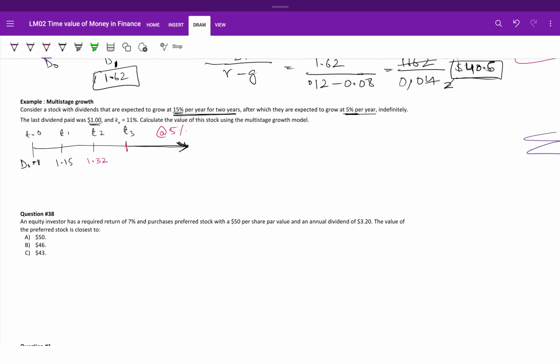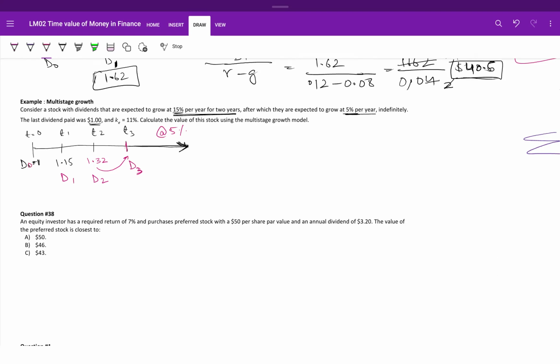From this point forward, for time three I'm going to take this as a reference. So this is going to be my D0 and this is going to be my D1. Okay, not D2, 3 or D4. Let's use D3. To calculate D3, I will be needing D2, and this is dividend 2, this is dividend 1, this is dividend 0.